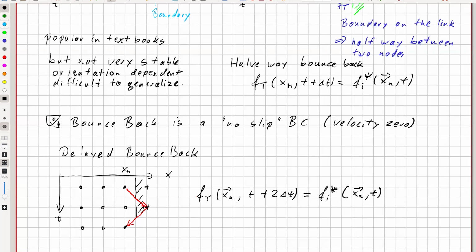So why do we do this? It has simply been observed that adding this delay helps to eliminate grid scale oscillations.